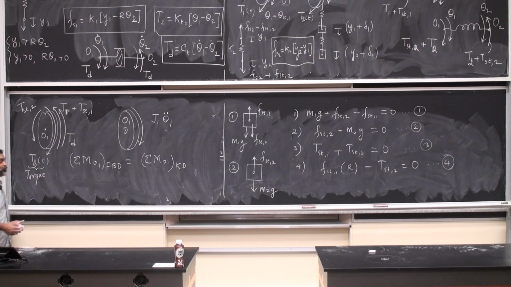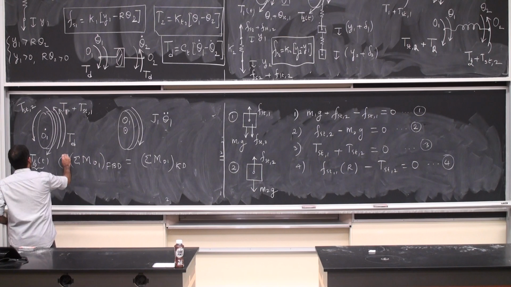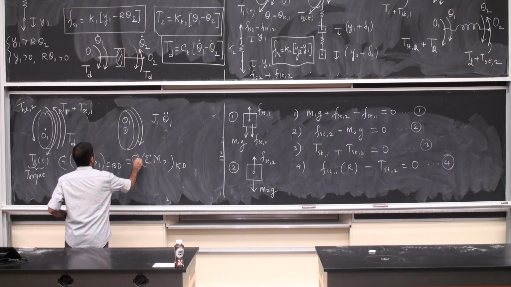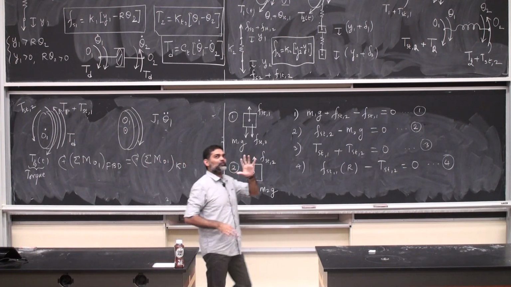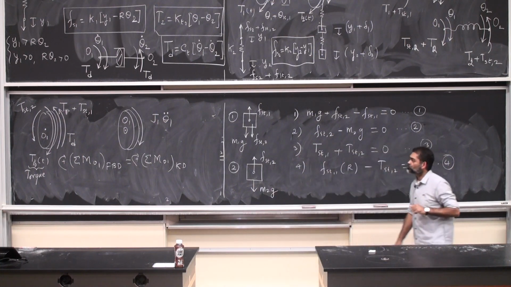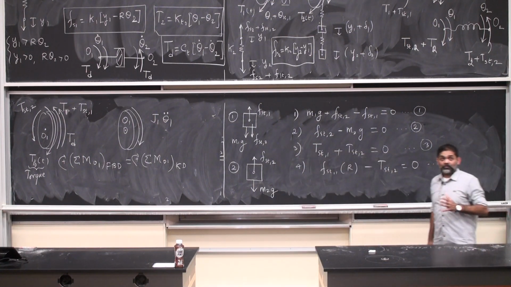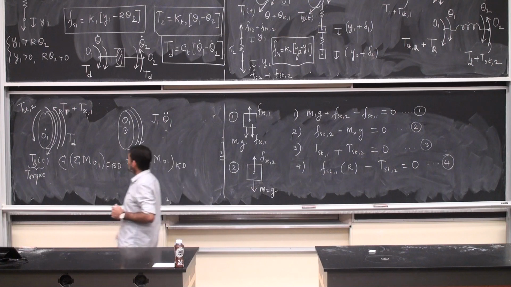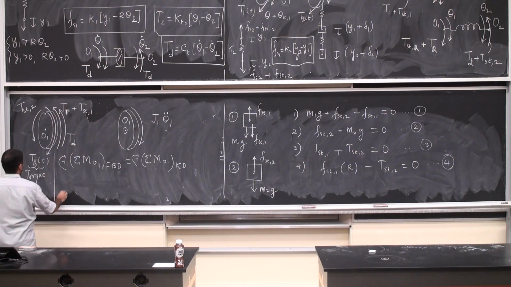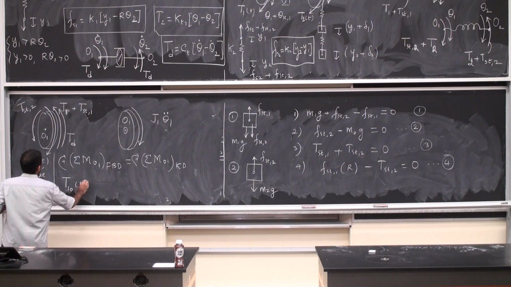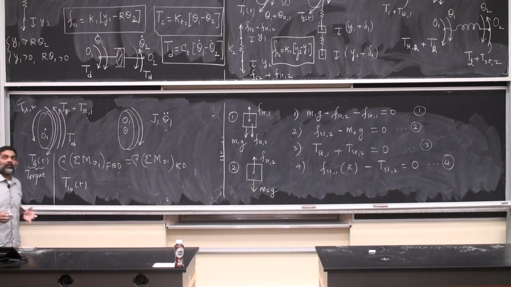Assume a direction for the moments. Okay, so clockwise, positive. If you want, you can draw them as two-dimensional circles, completely fine. If I look at all the torques acting on the free body diagram, I have T1 function of time. Okay, this is the applied torque.